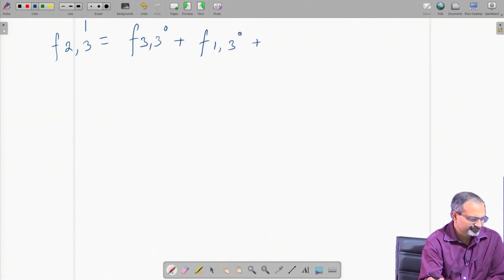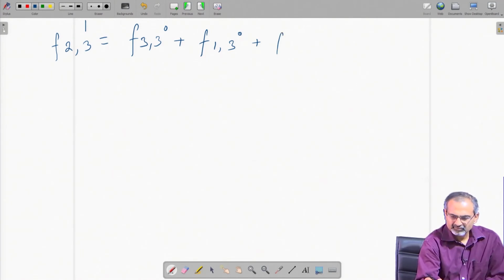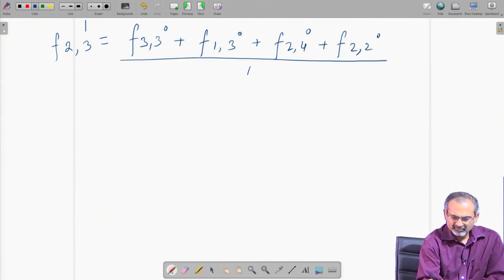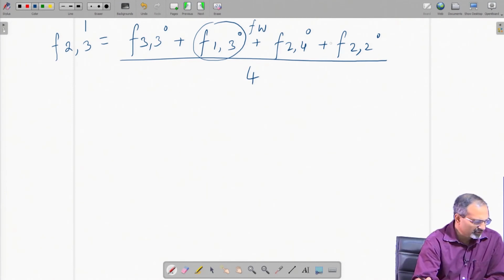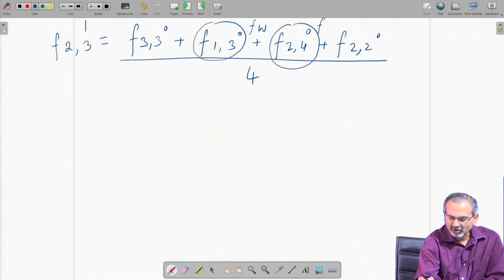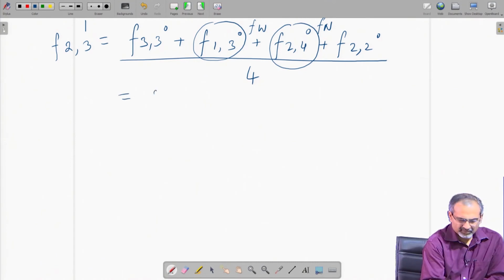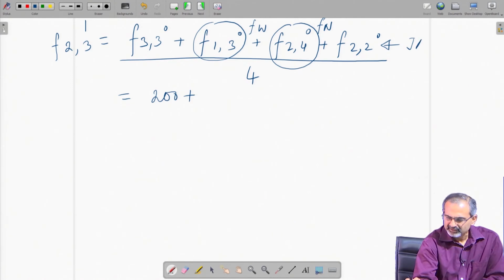f 23. So, this comes from the west boundary, this comes from the north boundary, and again remember that we are using the Jacobi method and therefore, we consider the 0th level value.